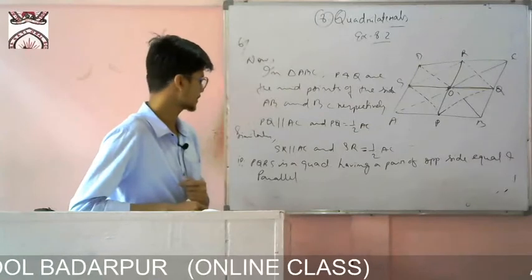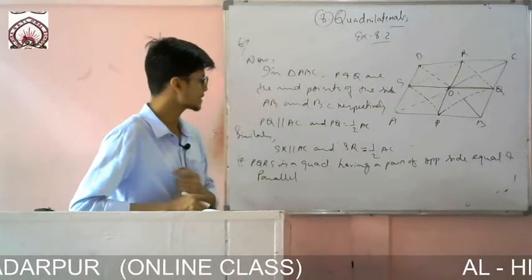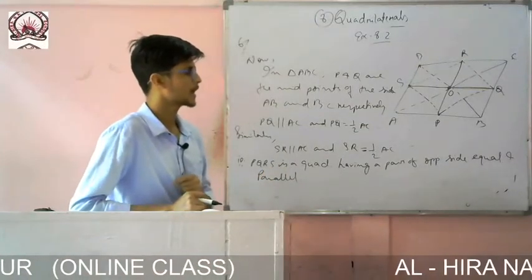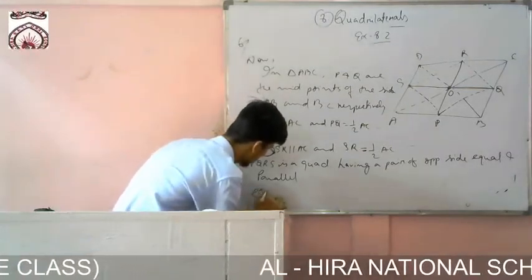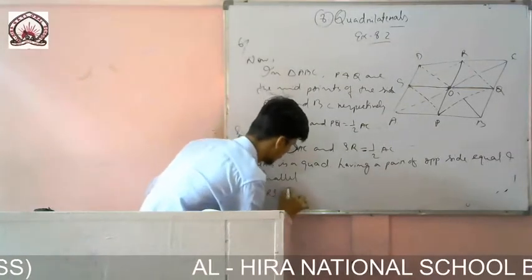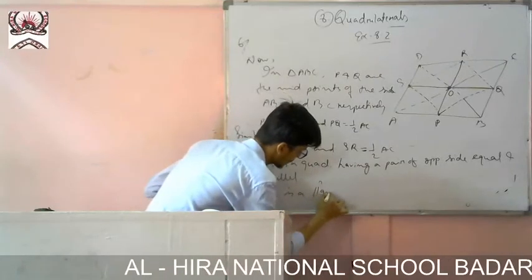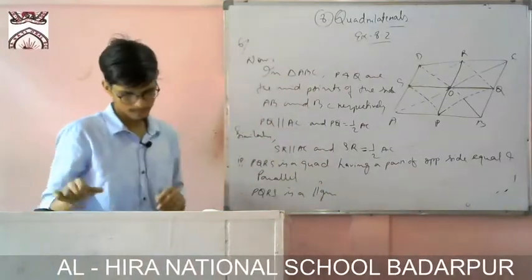Before that, one thing you write: PQRS is a quadrilateral having a pair of opposite sides equal and parallel. That means PQRS is a parallelogram. PQRS is a parallelogram.